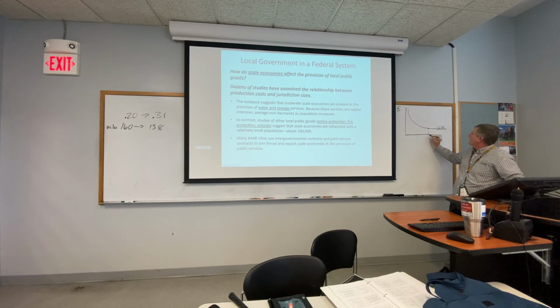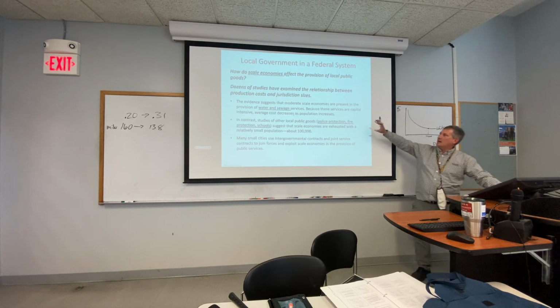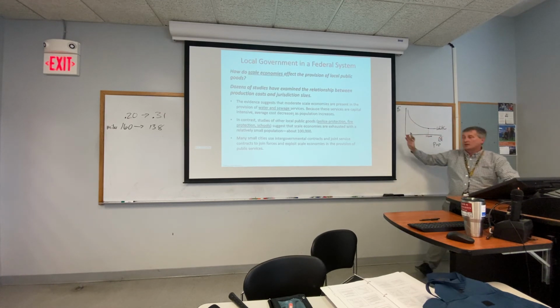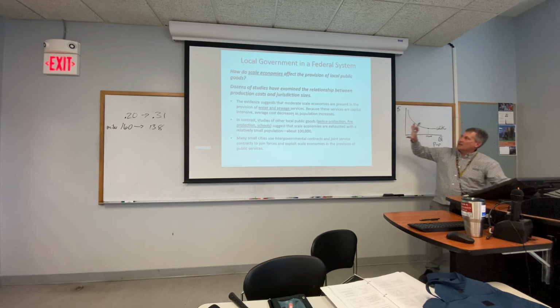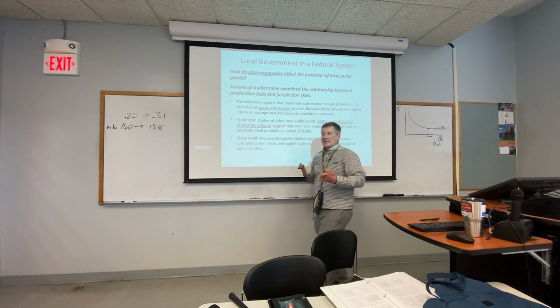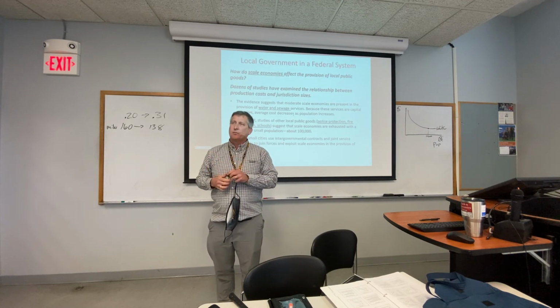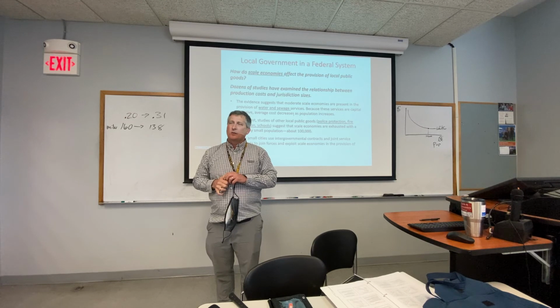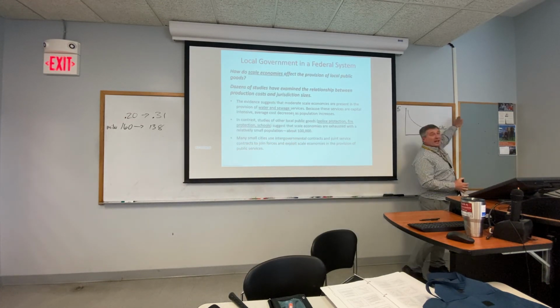If this goes flat right here at 100,000, and now we'd be thinking about population rather than quantity, it would still be the average cost of police, fire, and schools at this population. So now look at that graph and think about what scale economies means. With diseconomies of scale, it would start increasing. Diseconomies would turn up. So we're not talking about that, although that could happen.